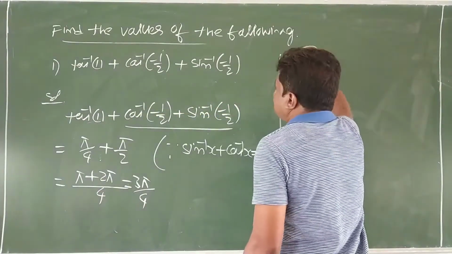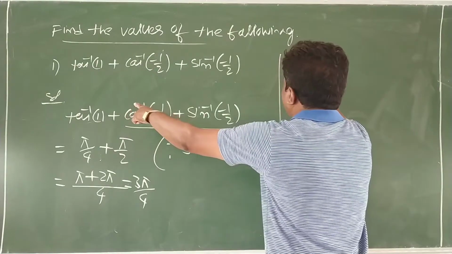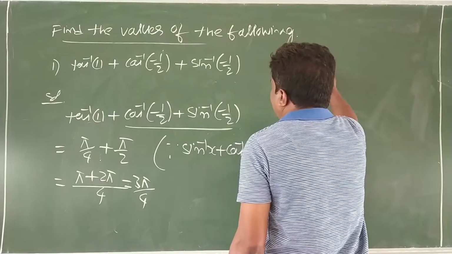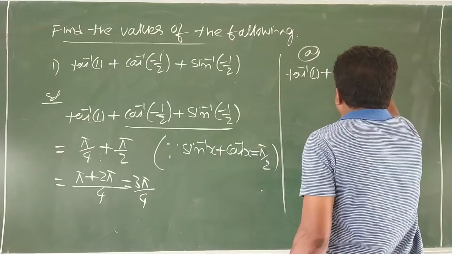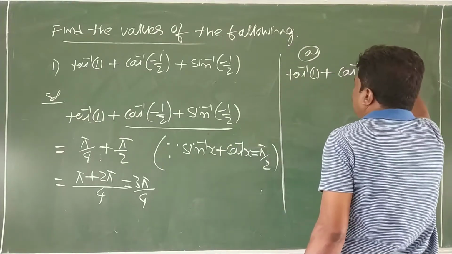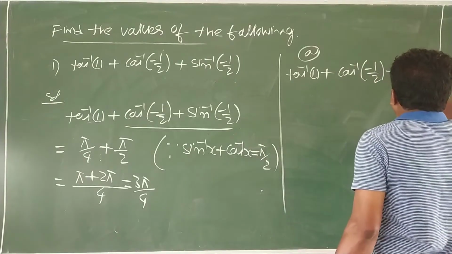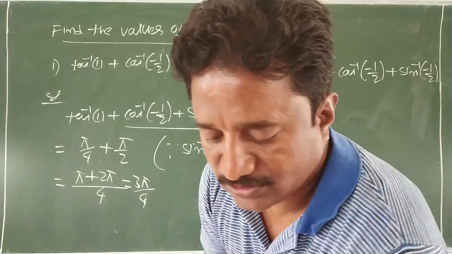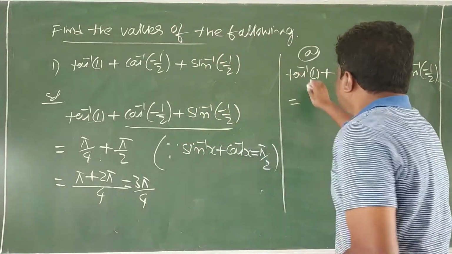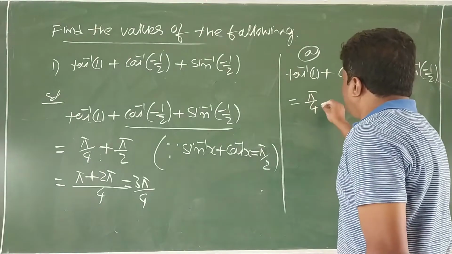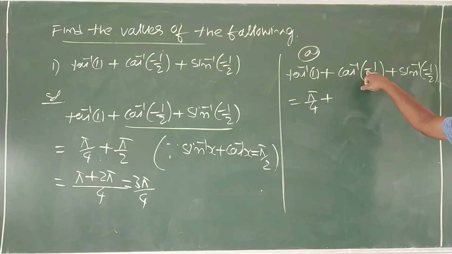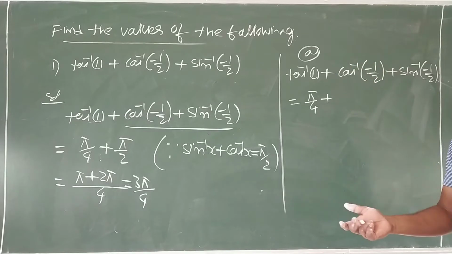So tan inverse 1 is pi by 4, plus cos inverse minus 1 by 2 plus sin inverse minus 1 by 2. If minus comes in cos inverse, how do you manage that?